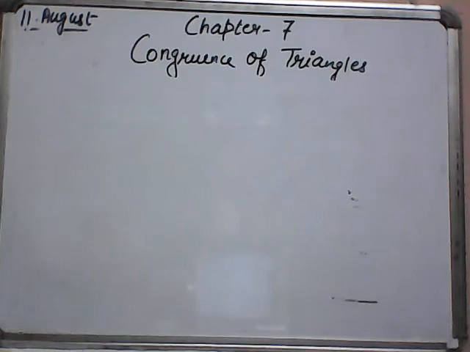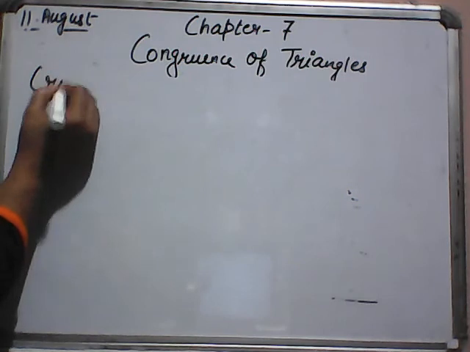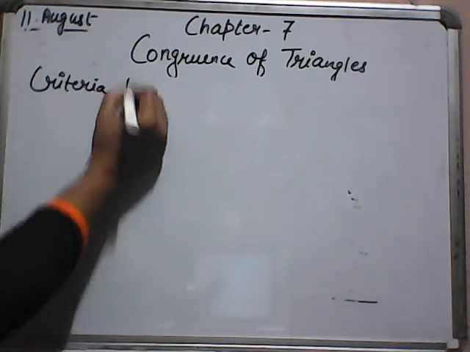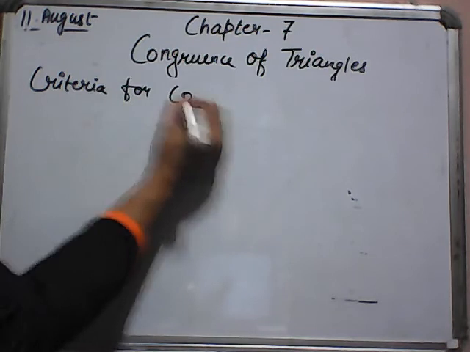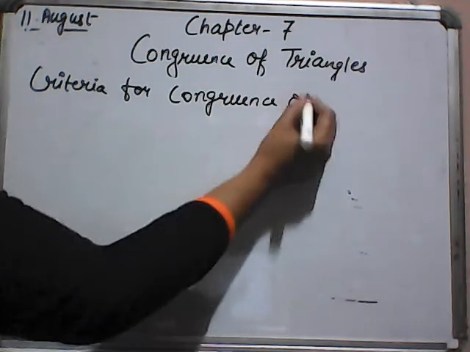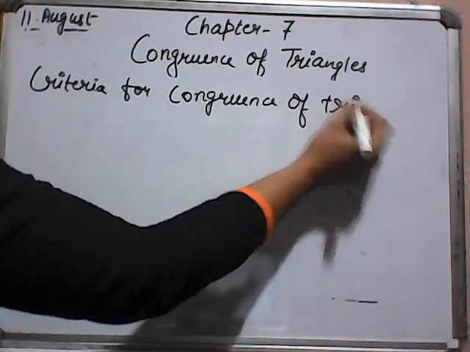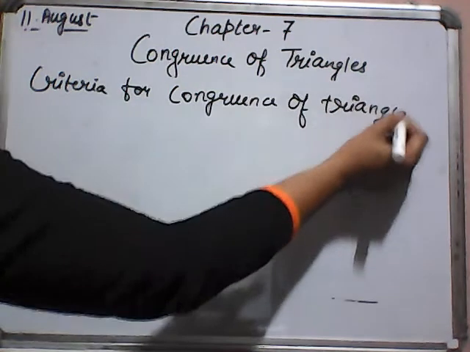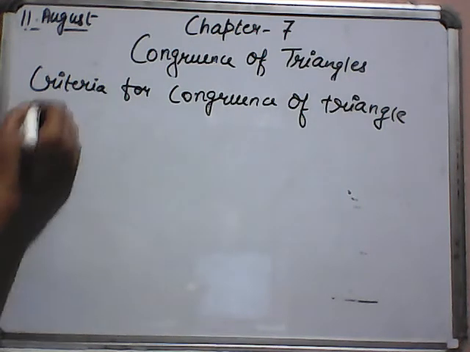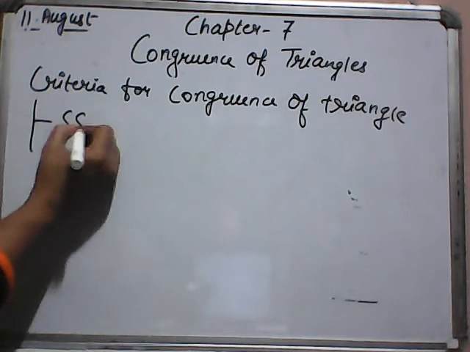Next topic is criteria for congruence of triangles. Suppose we have to check whether these two triangles are congruent or not. We can check by using three criteria. We have first criteria SSS.